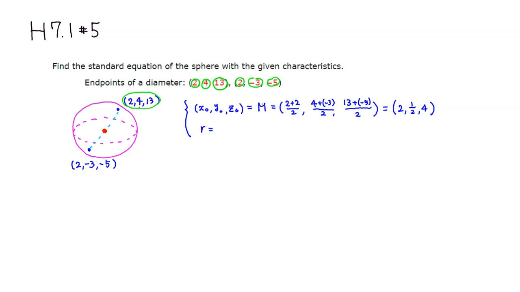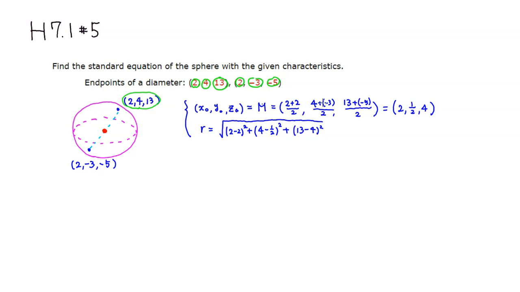So it's going to be the square root of (2 minus 2) squared plus (4 minus 1/2) squared plus (13 minus 4) squared. I'm just using the distance formula.